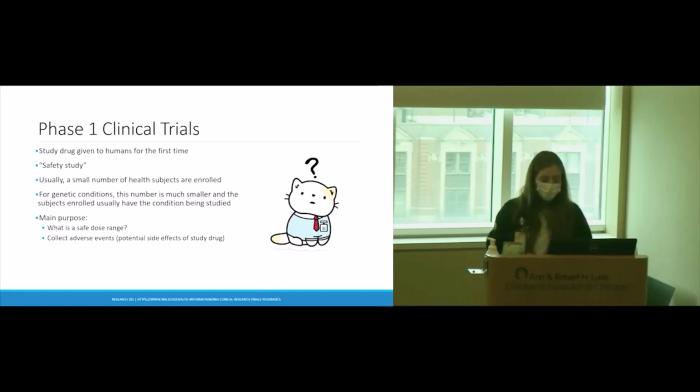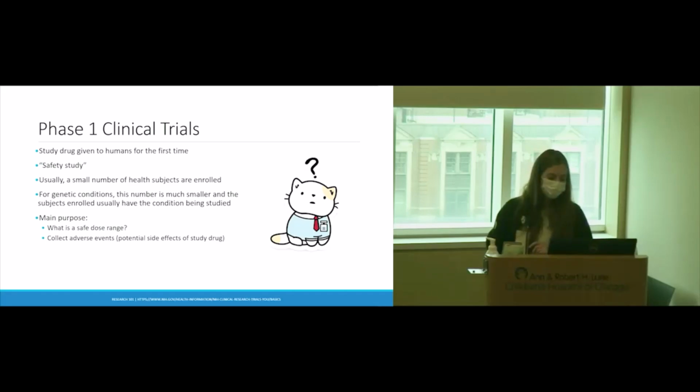There's usually a small number of subjects enrolled. In some cases, a phase 1 trial enrolls healthy individuals first, just to see what safety considerations need to be taken into place.